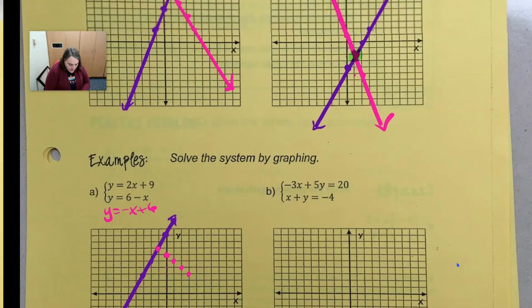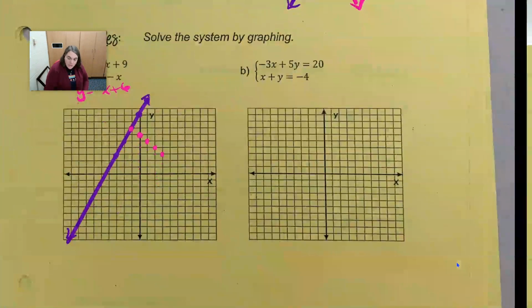So it's a nice one again, intersects at a nice point. So I have a solution of negative 1, 7.